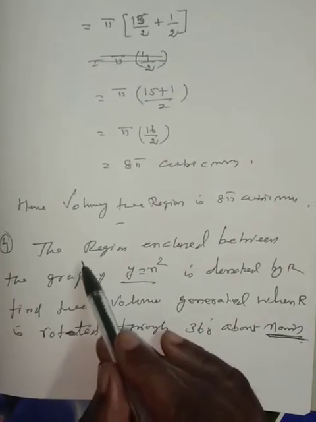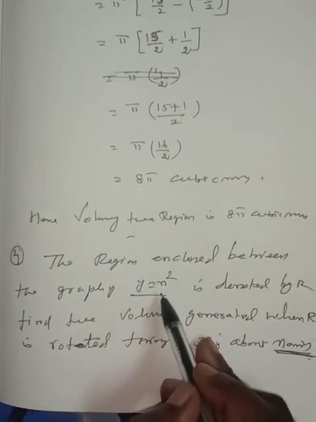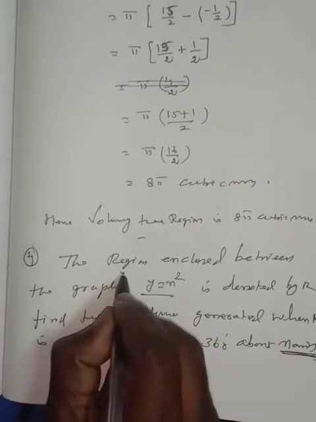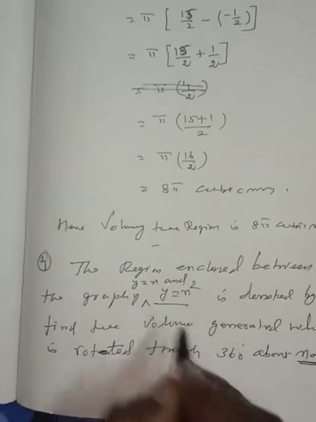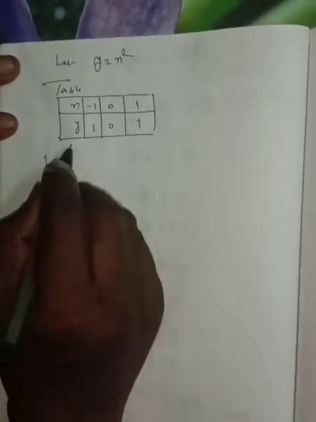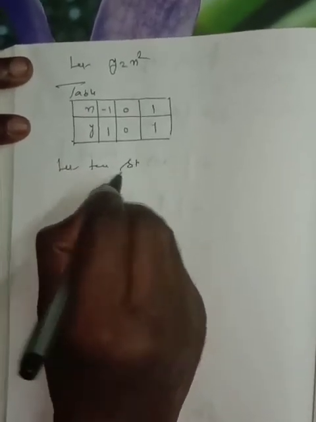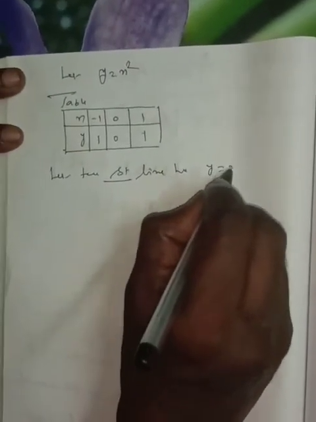The problem is the region enclosed between the graph of y is equal to x square and the straight line graph of y is equal to x. For the curve y is equal to x square, the table is this. Let the equation of the straight line be y is equal to x.